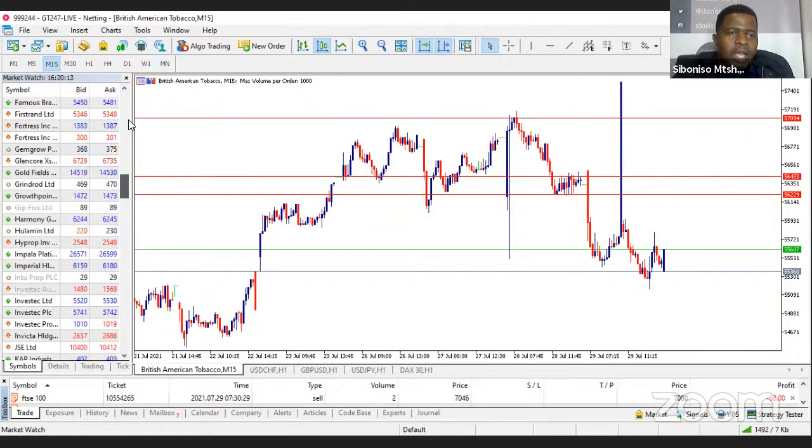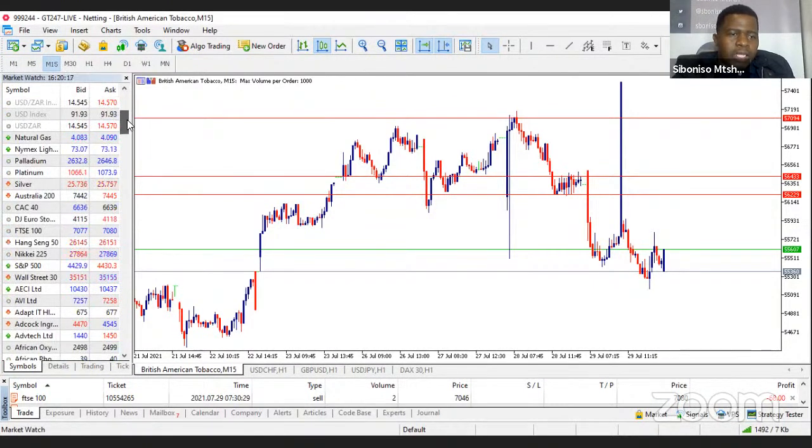That is why I recommend those two levels. If you understand them, it becomes much better and even more interesting. So now we have new levels of support and resistance.